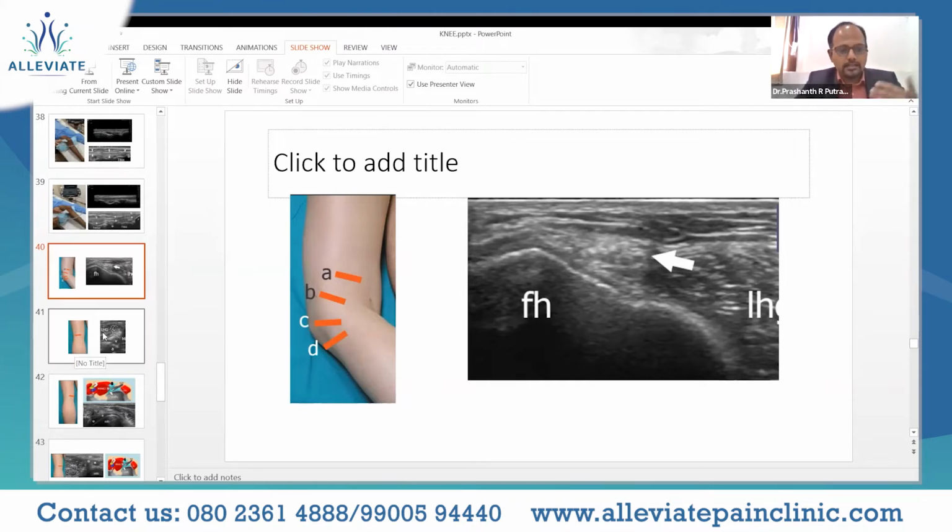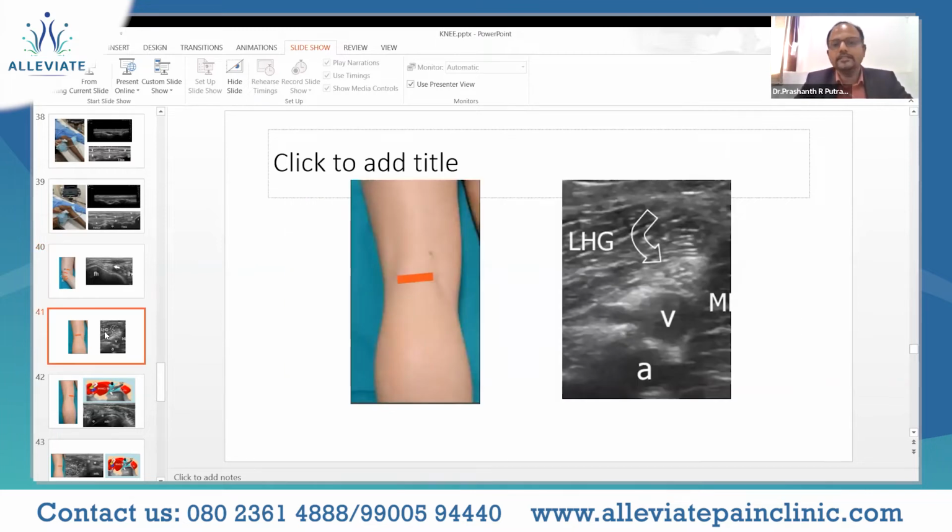So moving on to the last aspect of the presentation, that is the posterior knee scan. That would be scanned at three levels: at the center of the popliteal fossa, the mid portion, and then moving to the medial and the lateral aspect. Anatomically, you know that there are semimembranosus and semitendinosus over here, and then the biceps femoris at this portion, and then you have the gastrocnemius soleus complex, where the two heads of the gastrocnemius muscle are also seen.